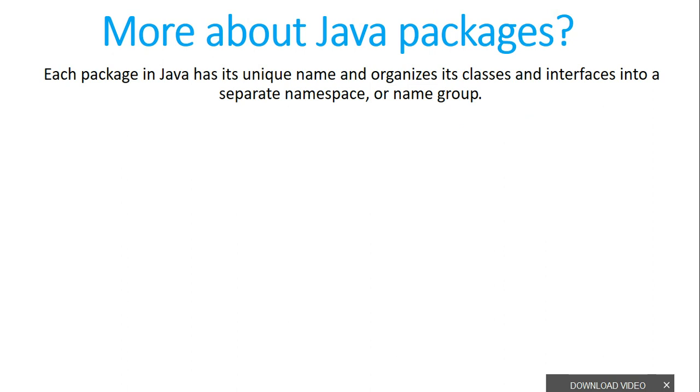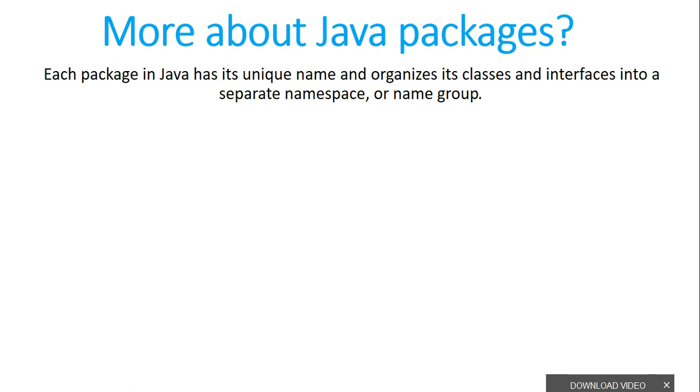Each package in Java has its unique name and organizes its classes and interfaces into a separate namespace or name group. All right, so what is it that we're saying here? Each and every Java package has got its unique name, but we can have two packages with the same name.